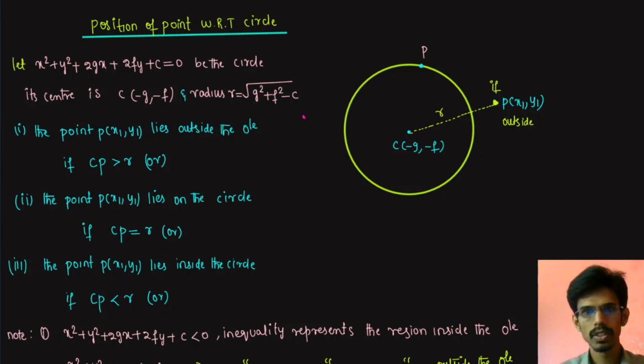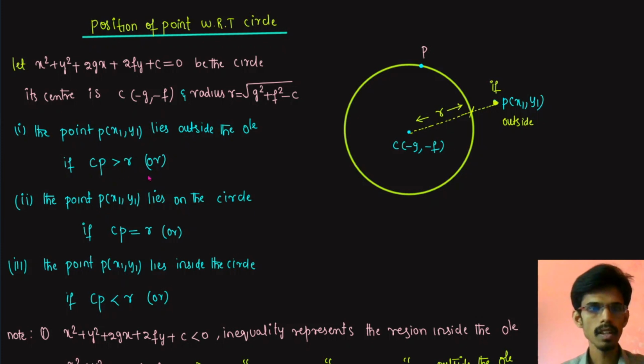This is the radius, till here we have the radius up to this point. So the first condition: if the point P(x1, y1) lies outside the circle, then the distance CP will be more than r.